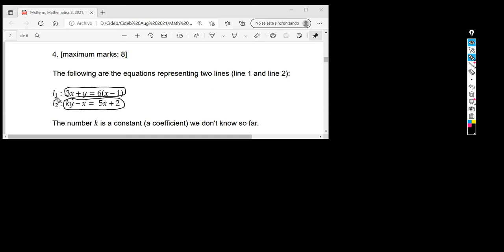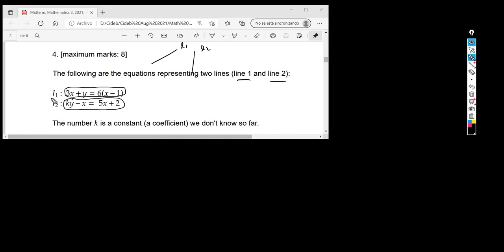And if you notice, I put this L1 and then a colon, and then L2 and another colon. We usually do this in mathematics. If you have equations that are representing objects, in this case, these two equations represent two lines, you are giving names to both lines. This is line 1, this is line 2.